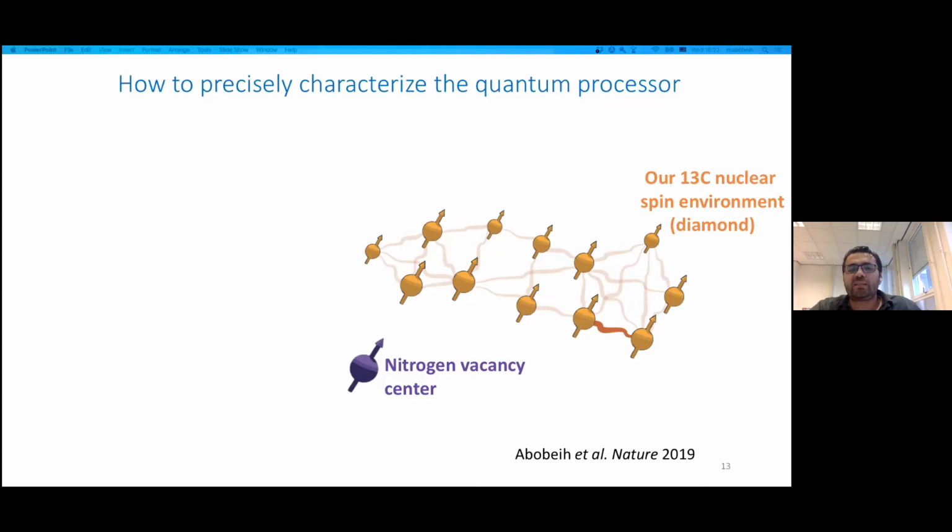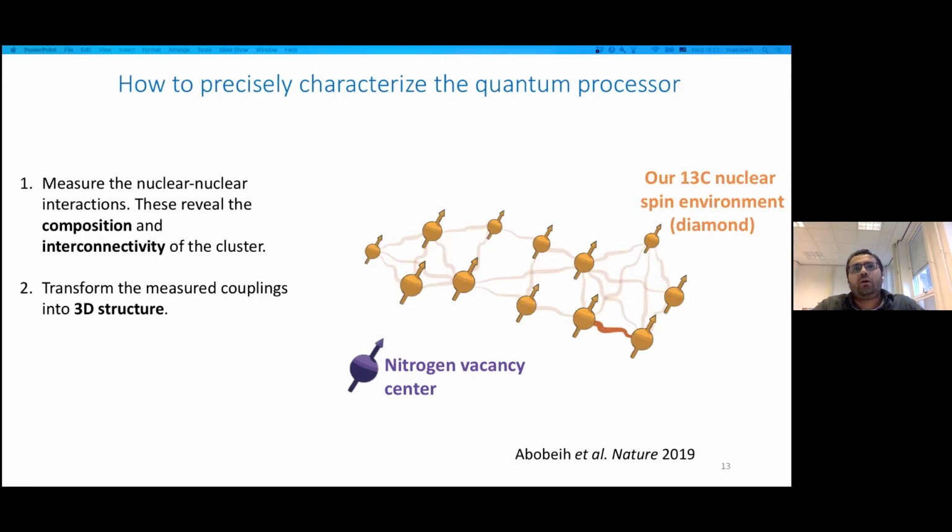The basic idea is that these nuclear spins are also coupled to each other by dipolar coupling. This coupling can be weak, but if we can measure how each of these nuclear spins couple to each other, we would reveal the composition and interconnectivity of this cluster. Then we can transform this measured coupling into a 3D structure or image of the system.